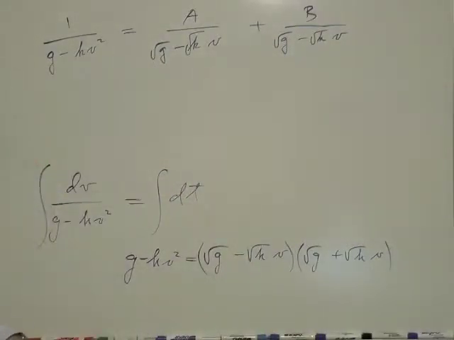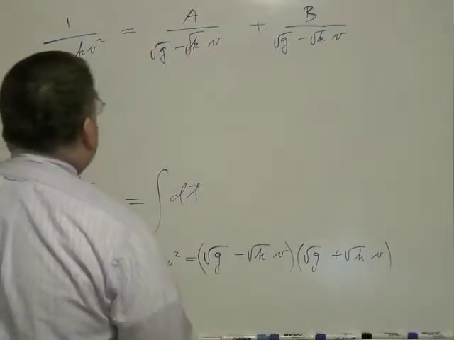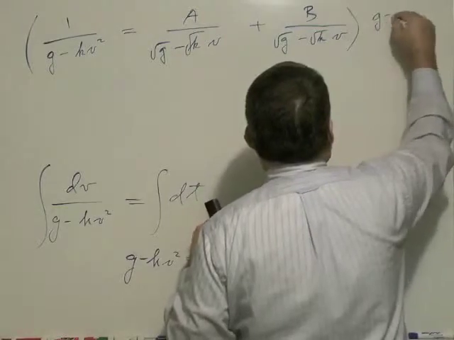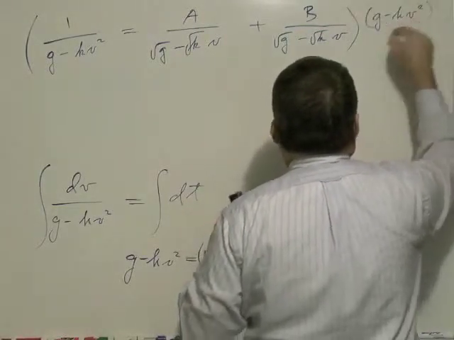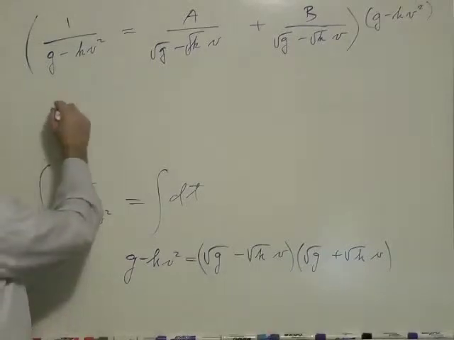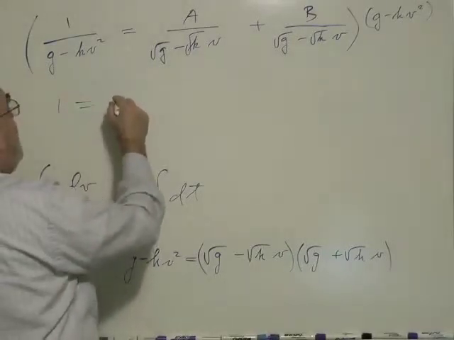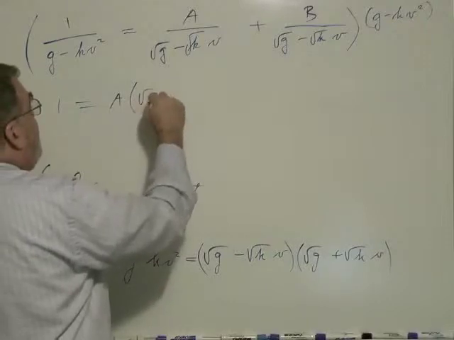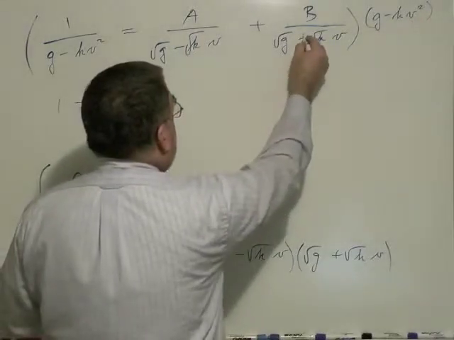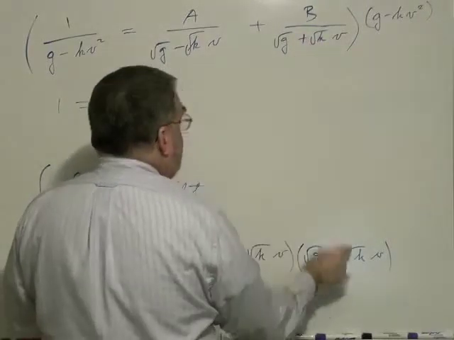So if I were to multiply this whole equation by g minus kv squared, in order to clear the denominators, then we'll get 1 equals a parentheses square root of g, and I've got a little mistake up here. Please correct that in your notes. That's a plus sign right there.